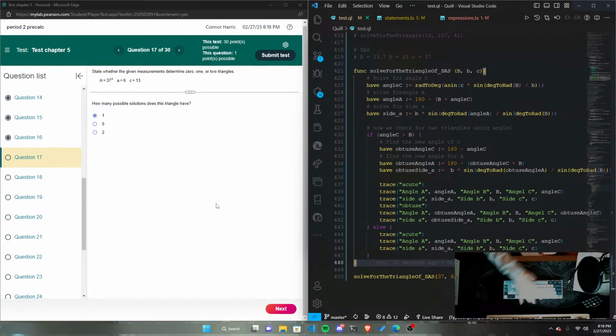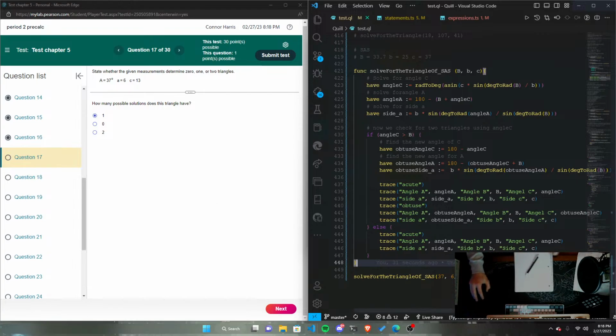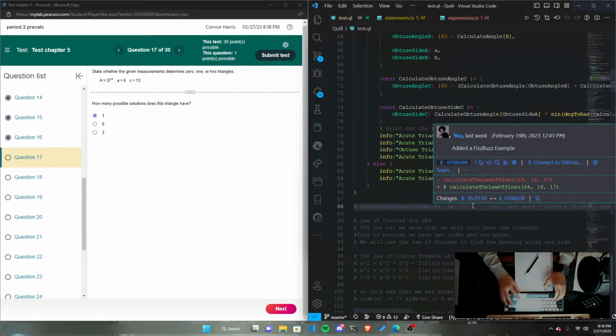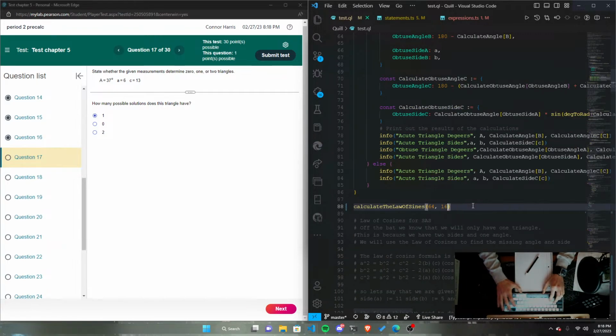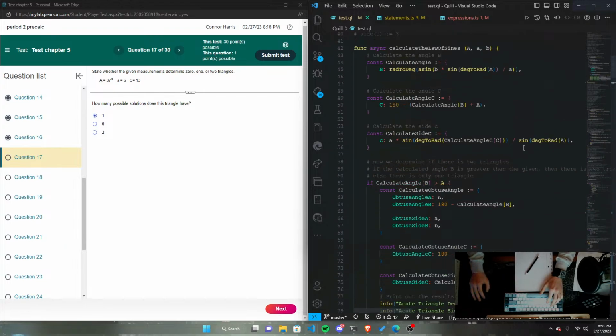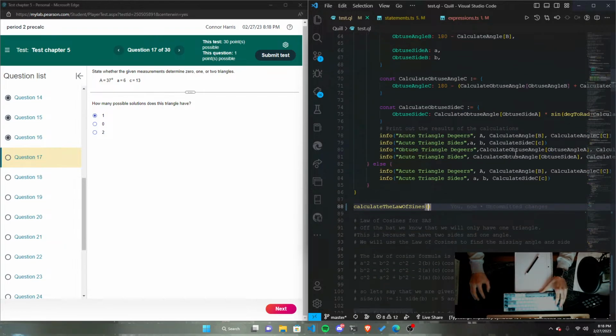Because we would have... Okay, hold on. Now I'm second guessing myself here. Wait, does this one do the same exact thing? No, we have bigger values here. This does A, B. So let's do A, which is 37, 6, and 13.